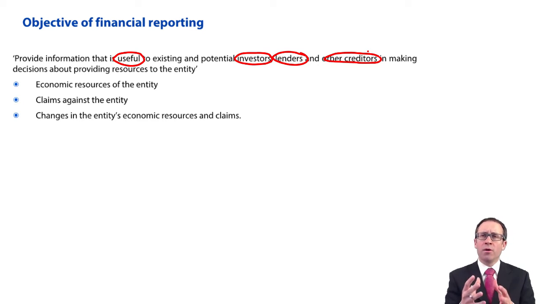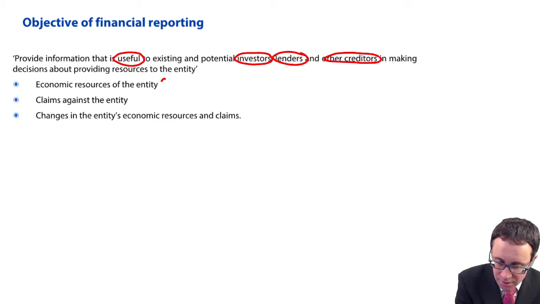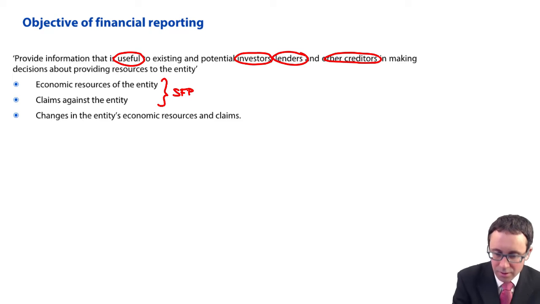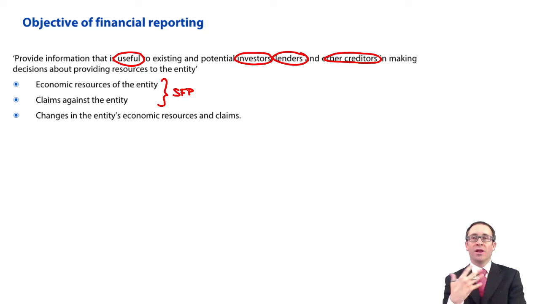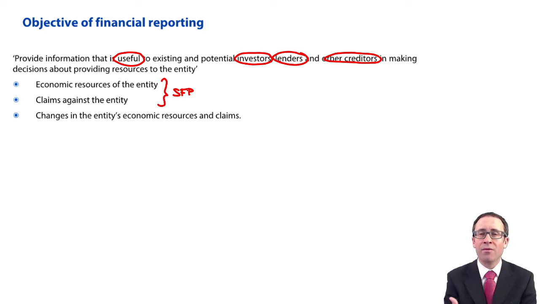Okay. So effectively what we're seeing there is what appears in the statement of financial position, isn't it? The resources of the entity and the claims against it, looking at the assets and the liabilities. We need to give them useful information about the assets and about the liabilities, because these potential investors and lenders are effectively looking at the financing requirements that a business needs.